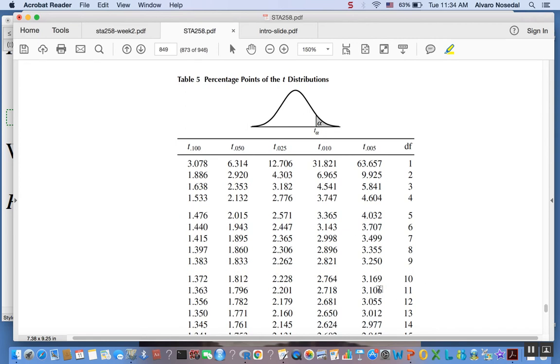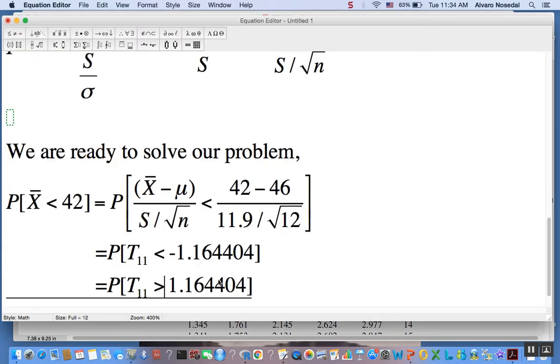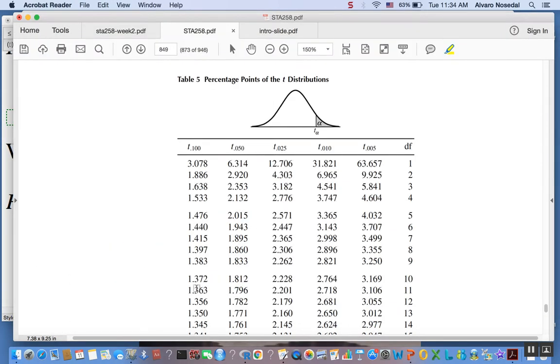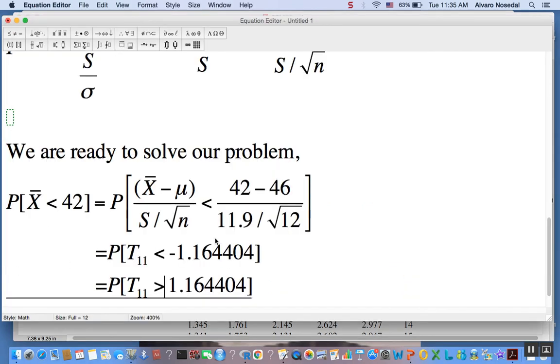In this case, 11 degrees of freedom, and something as close as possible to 1.16. It turns out that the best that we can do is this one. So what we have here from that table is that the area to the right of 1.363 is 10%, but we want the area to the right of 1.16.